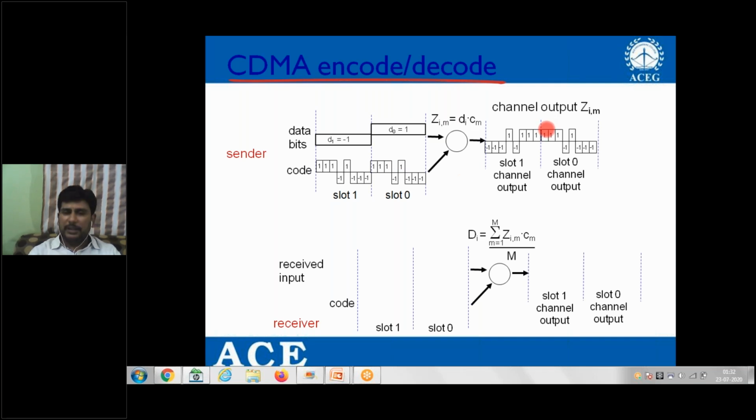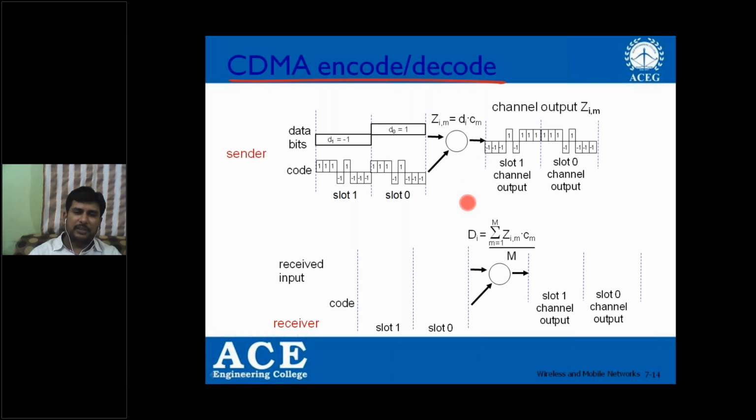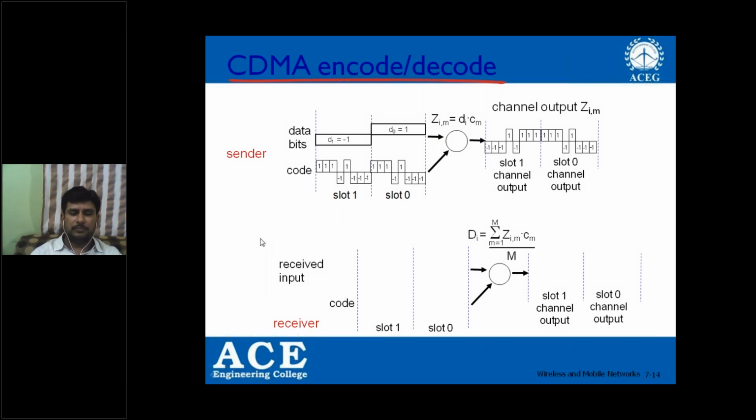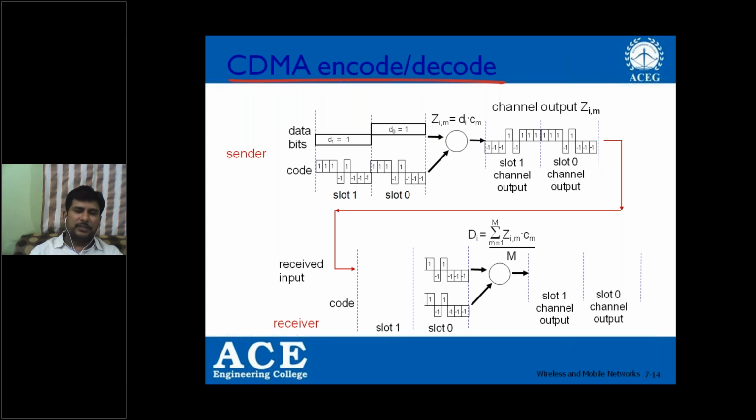So this is the combined data, and this combined data is called the encoded signal, which will be transmitted to the receiver. The combined data is transmitted to the receiver, and now we have the data what you could find at the transmission without an error.